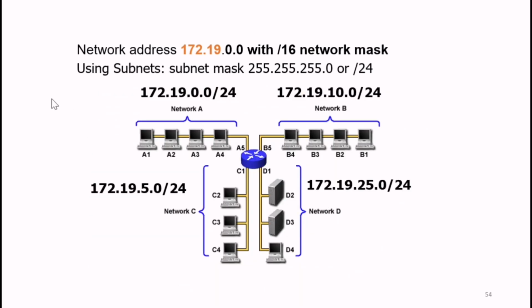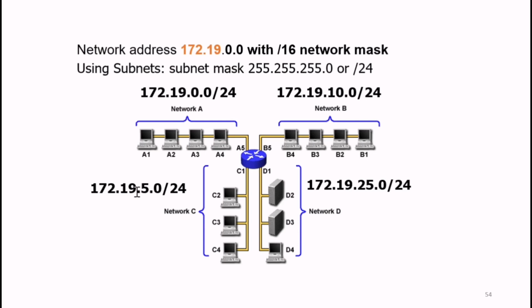And this is an example of how you're going to plan or assign subnets in your local network. For example, you have 4 labs in block B: lab A, lab B, lab C, and lab D. Each lab has 30 computers, so you can use subnetting for these 4 labs.